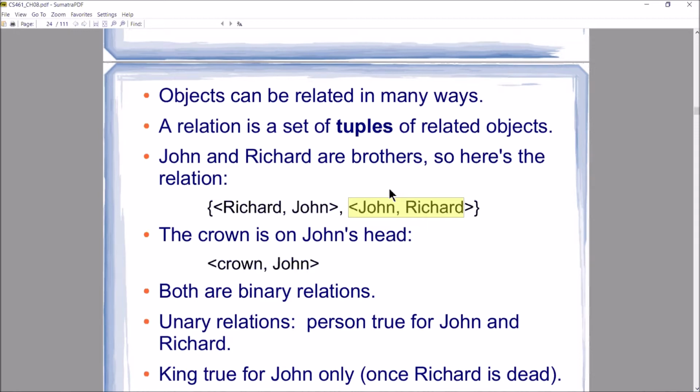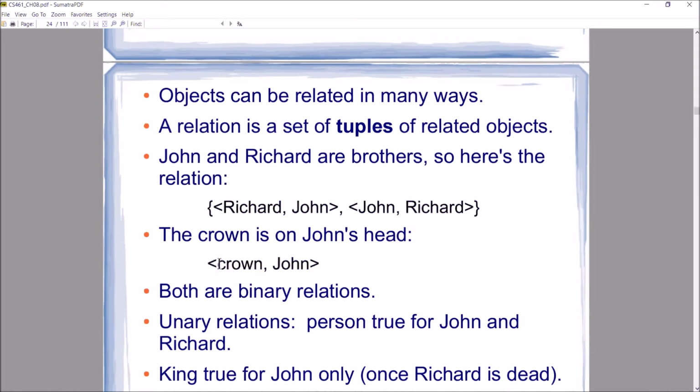John. If you want to ask about John, well, who's his brother? Richard. Okay, fine. So this is an example of a relation where we talk about a set of tuples of related objects, right? So you have another type of relationship. You can say that a crown is on John's head. And so you can say, okay, well, here's a tuple. It's not a set now, just a tuple, right?